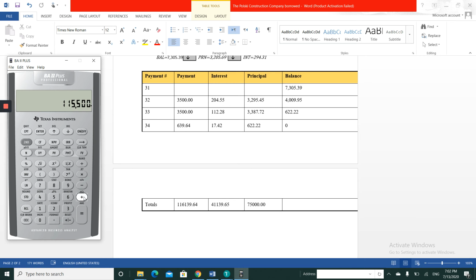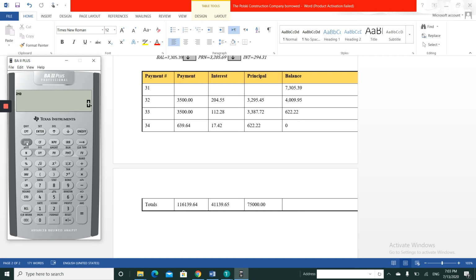And then I need to add this number to the last payment, which is $639.64. So the total amount paid is $116,139.64.